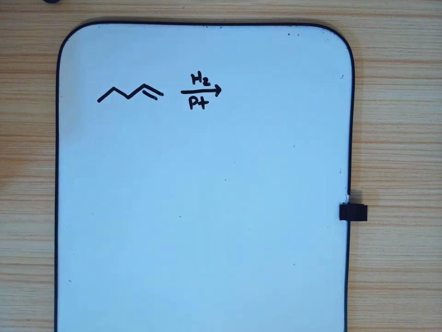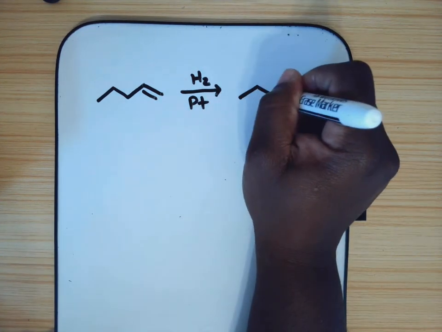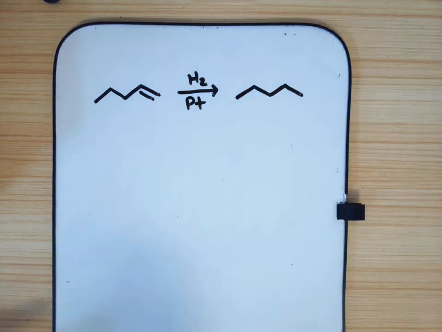And so when drawing the product of a hydrogenation reaction, especially if you are dealing with a skeletal structure, it is as easy as simply redrawing the compound without that double bond. Because recall, in skeletal structures you see the bonds between the atoms, but you do not see the bonds between carbon and hydrogen.